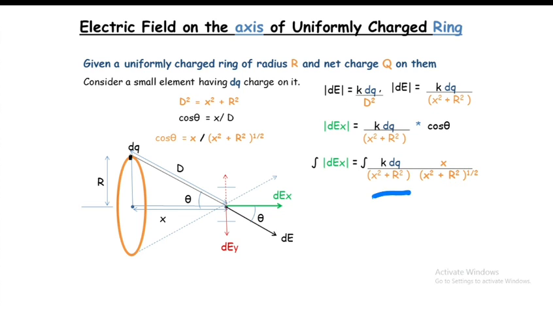The powers of x square plus r square get added up, as we have studied in our basic maths, that whenever we have a to the power m into a to the power n, we can write this equal to a to the power m plus n. So the power here of x square plus r square is 1 and here is 1 by 2. So this gets added up and becomes x square plus r square to the power 3 by 2.